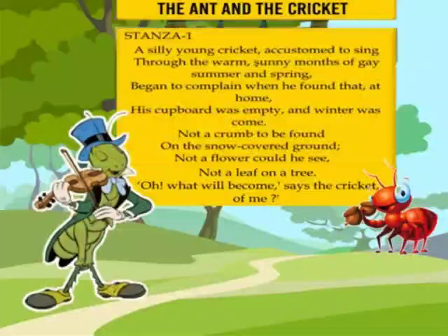He began to complain as winter arrived, and when he found that his cupboard was empty, he had nothing to eat, and couldn't see any leaf or flower around, and everything was covered with snow. Then he started crying, and he imagined how his situation would be in the future.